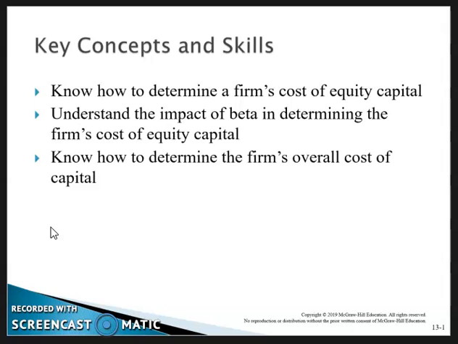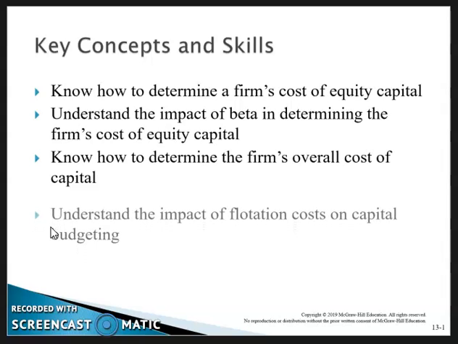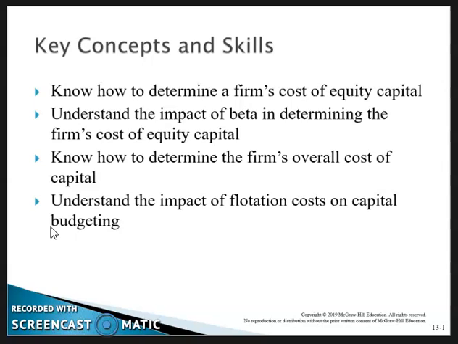Debt we'll have to do on an after-tax basis. And then in some cases, we may have preferred stock figured in there as well. Then we're going to talk about the impact of flotation costs on capital budgeting, and particularly on the cost of capital.